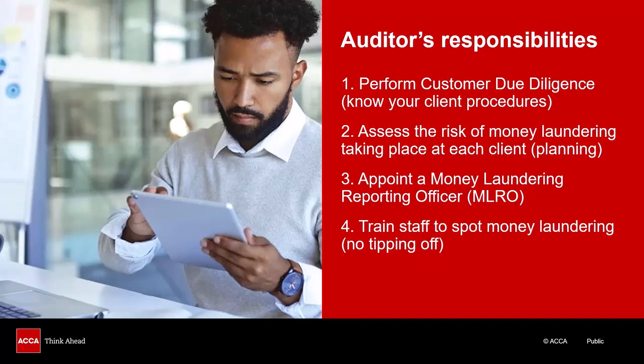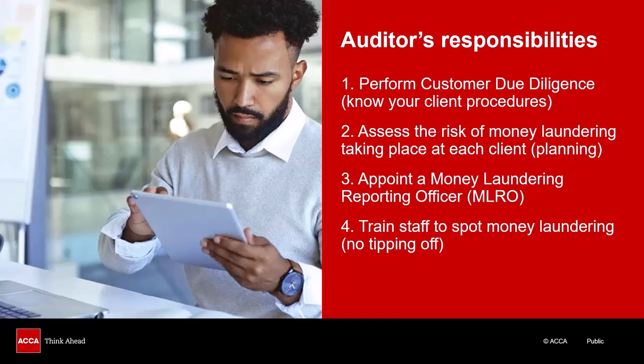Now, I've put in brackets there, no tipping off. If on an audit you think that potentially there's some money laundering going on, you are not allowed to go to the client and say, oh, is there money laundering happening here? Because these transactions look a bit cash and dodgy and international and no business logic.